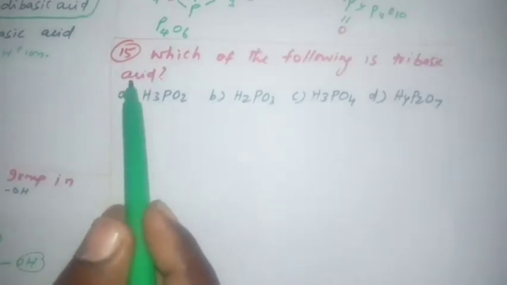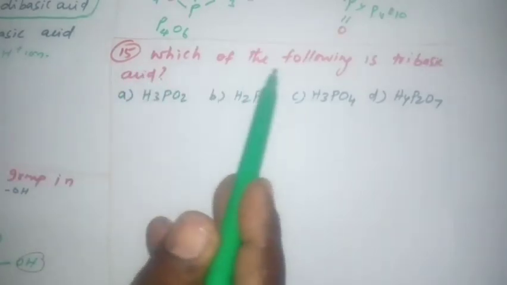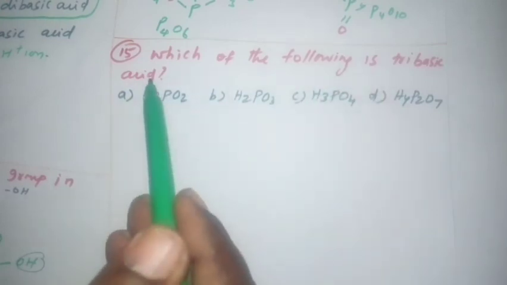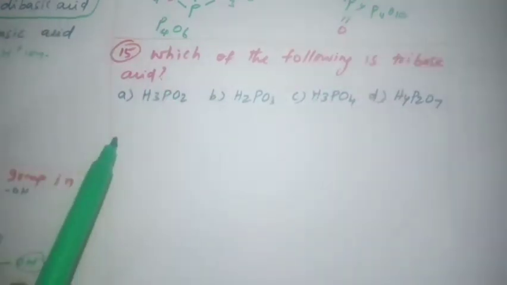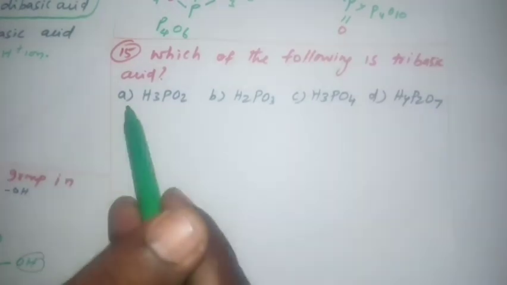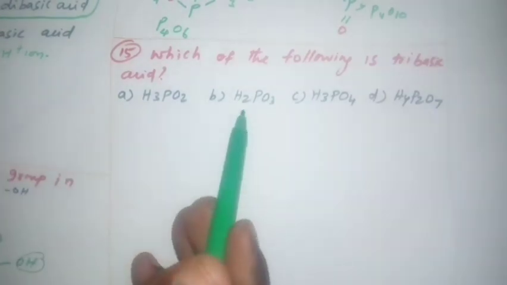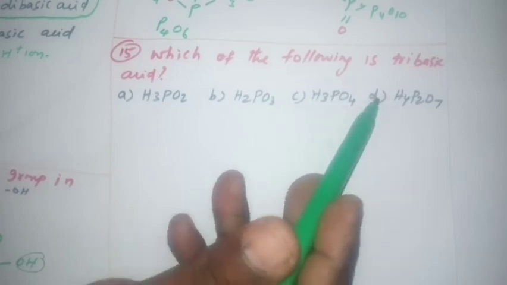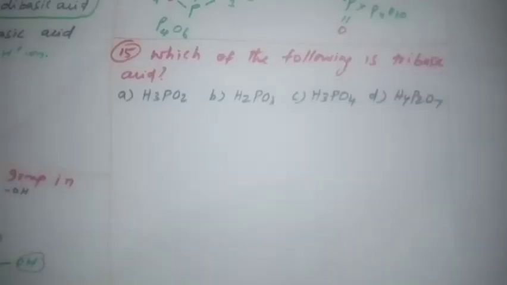Now question number 15. This is your last question in this video today. Which of the following is a tribasic acid? Don't worry about tribasic, monobasic, and tetrabasic; I already told you the shortcut method. Option A H3PO2, option B H2PO3, option C H3PO4, option D H4P2O7.